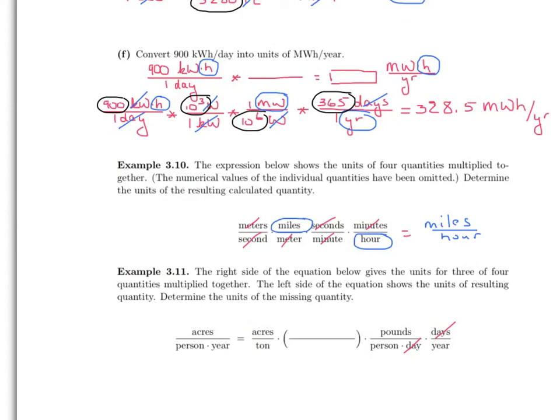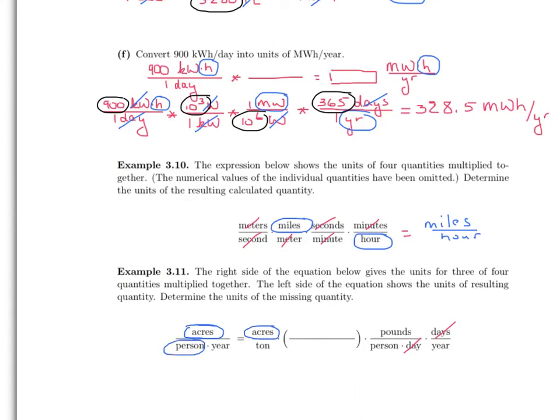Now what we need to do is compare the units on the left side with the units we've got left on the right side. They have to match. So for example, notice we've got acres in the numerator on the left side. We have to have acres in the numerator on the right side, and we do. We've got them.